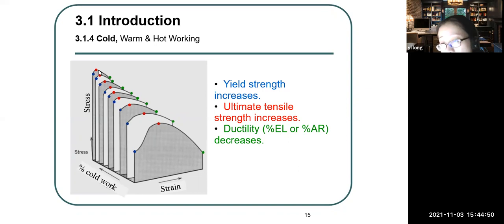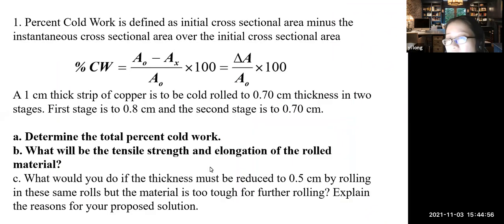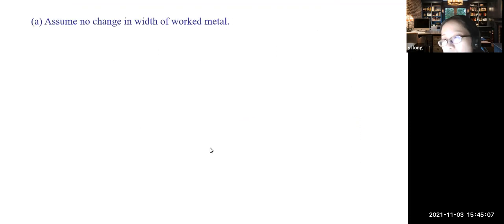You can see it getting smaller and smaller because it's narrow. So this is for cold work, and that's what we can see here. Determine the total work, and B, what is the tensile strength? Very, very simple. Assume there's no change in the volume of the work metal.